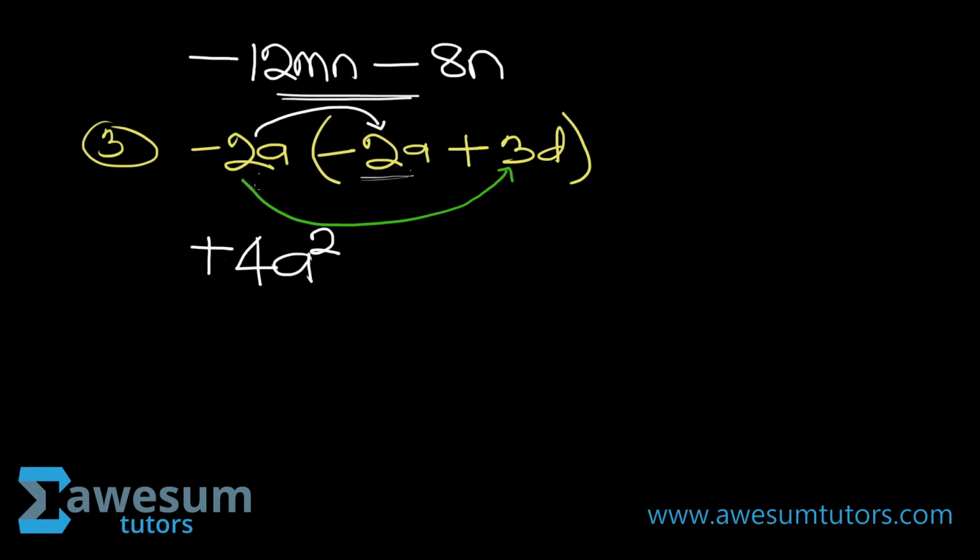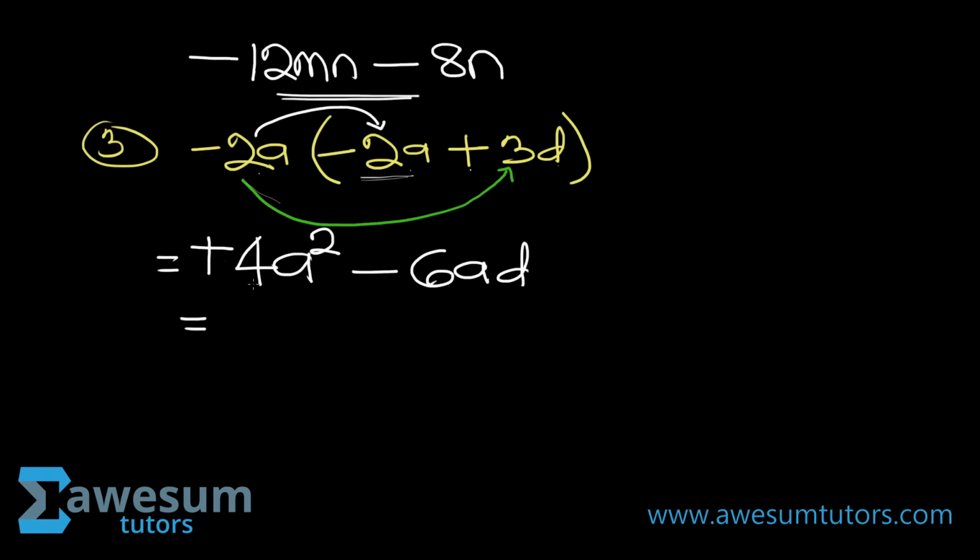Now the next thing is to do this side of the multiplication. Negative times positive, that is negative, that is unlike signs. 2a times 3d is going to give you 6ad. So the final answer is plus 4a squared minus 6ad, which you can rewrite.